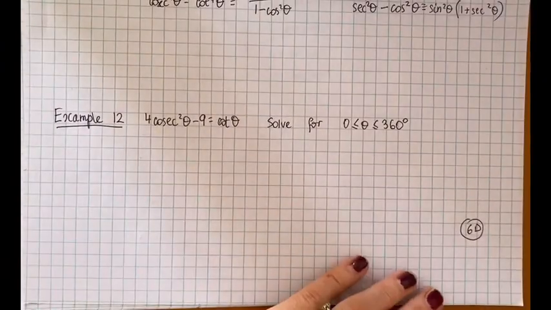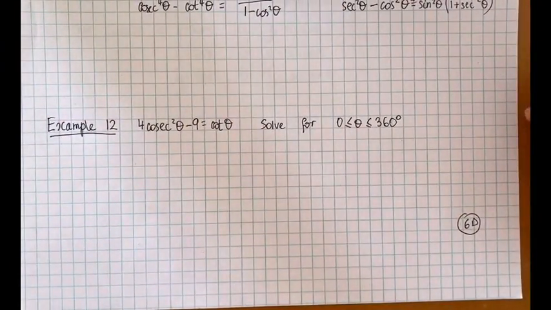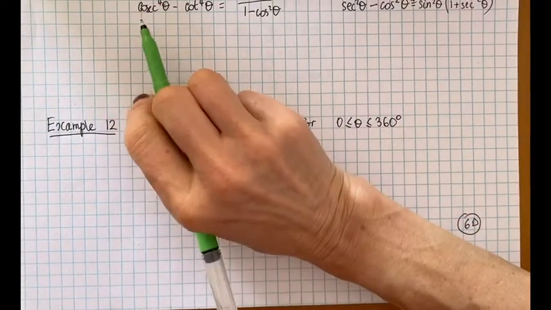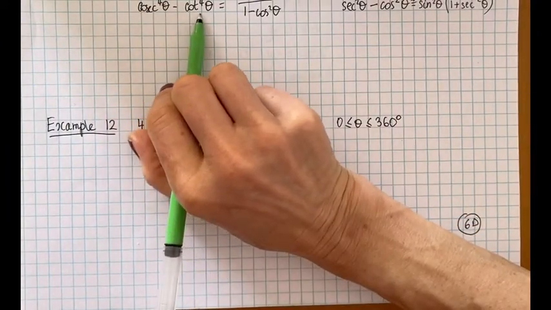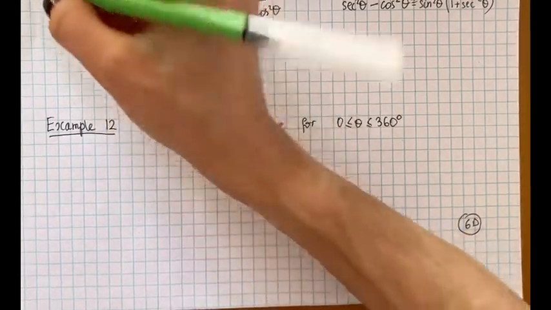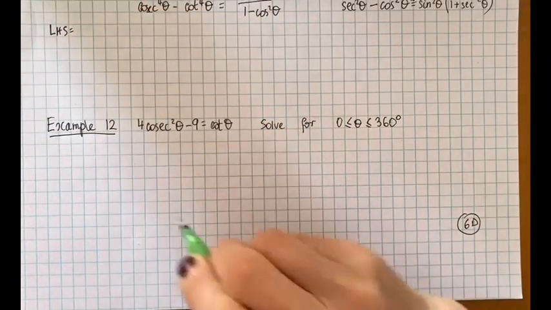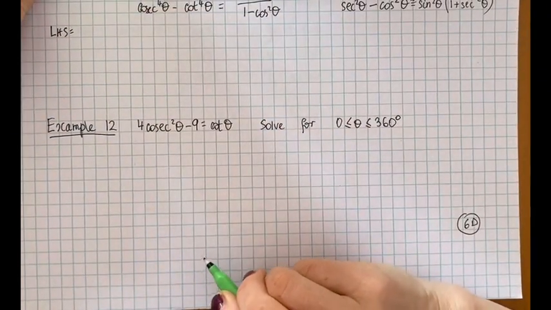Let's move on to example 11. We're going to do a proof of the left-hand side: cosec to the power 4 minus cot to the power 4 is equal to that expression. Okay, so this is quite a difficult question, so I would memorize the way of doing it.